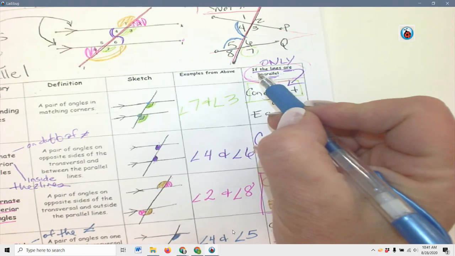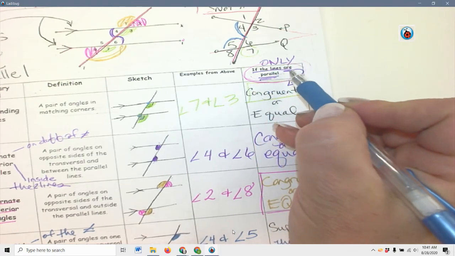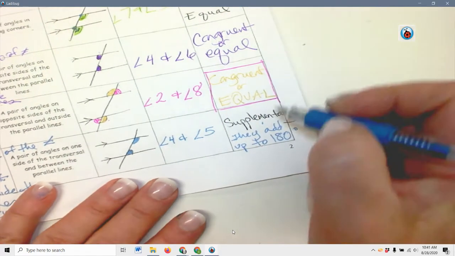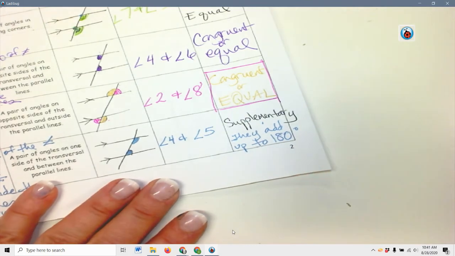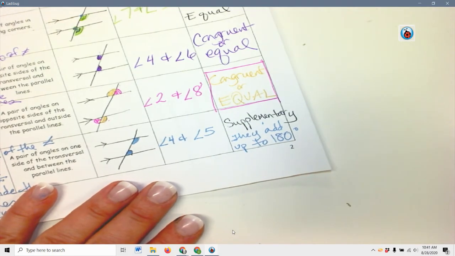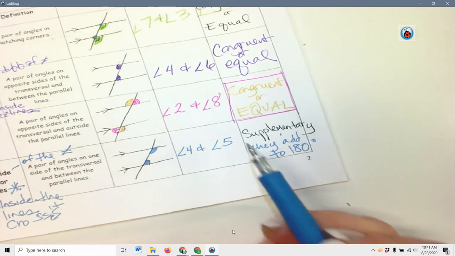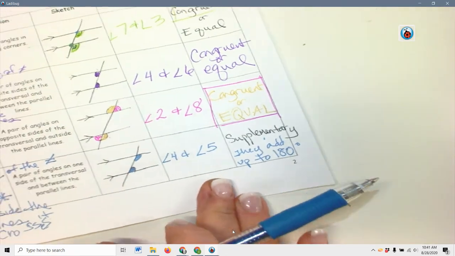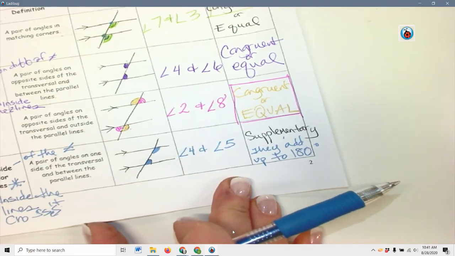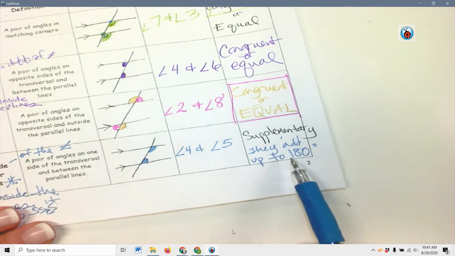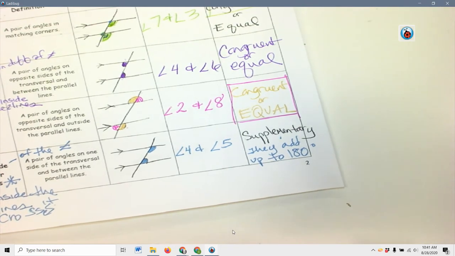And only if the lines are parallel, they add up to 180. If the lines are not parallel, they still are same side interior, but they do not add up to 180 degrees.